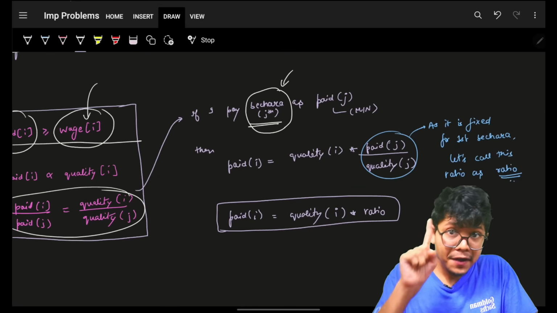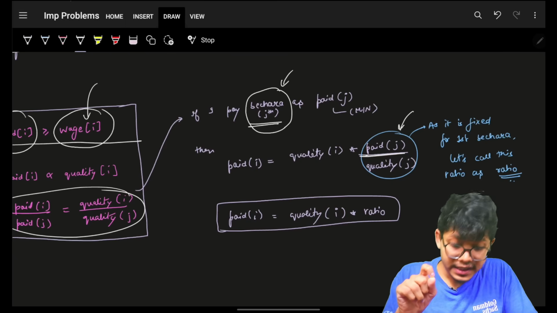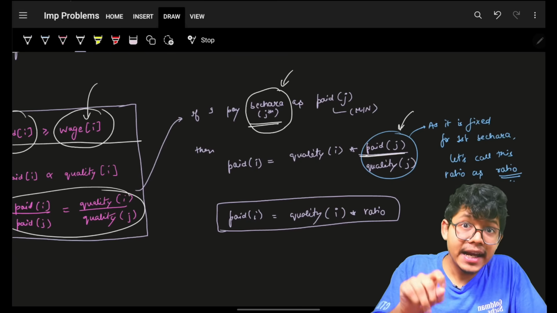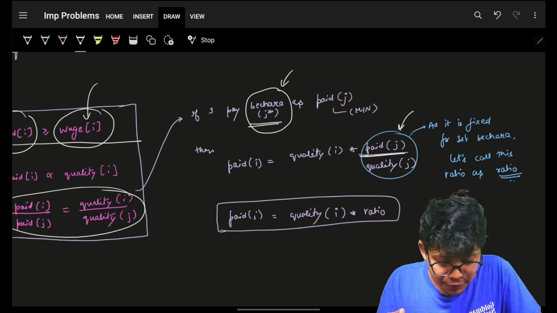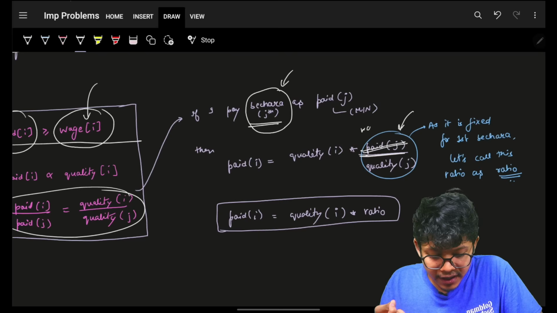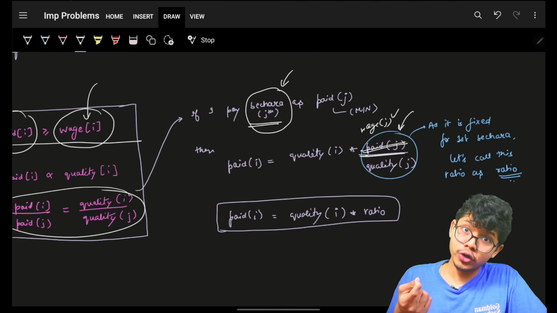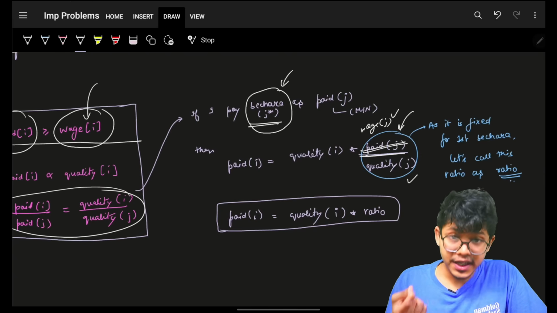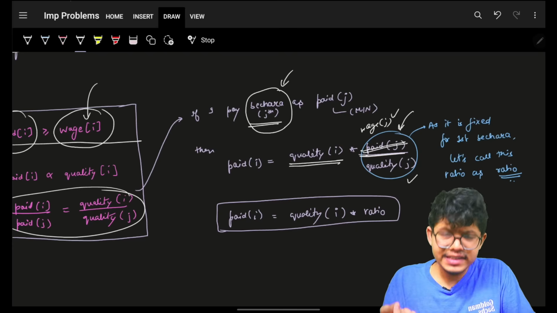If I fix the jth person, I know the paid of j, because this is the bechara, which means he will be getting the minimum wage. So paid of j will be exactly equal to wage of j. Wage of j I know for sure because I have fixed j. Quality of j I know for sure because I have fixed j. Quality of i I know for sure because it is given in the problem.